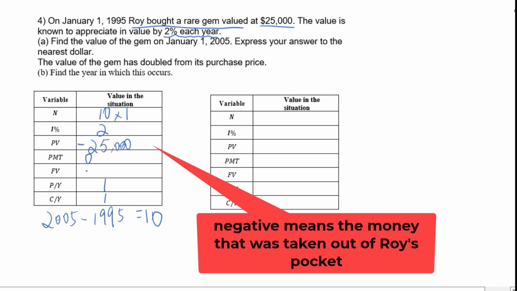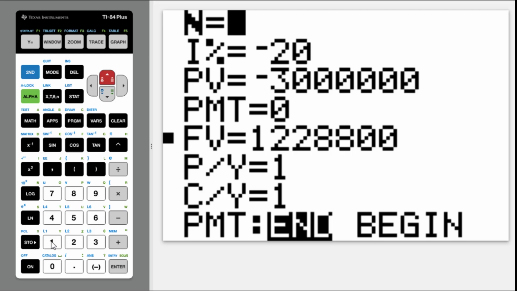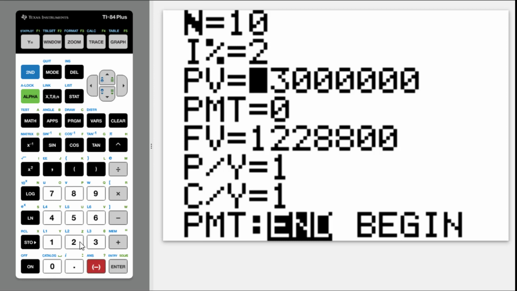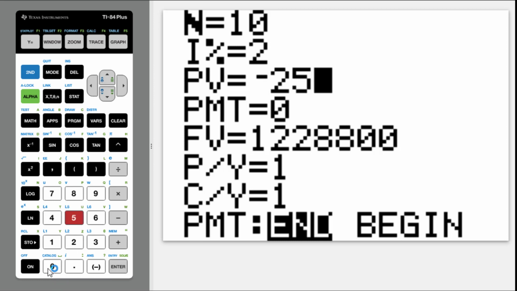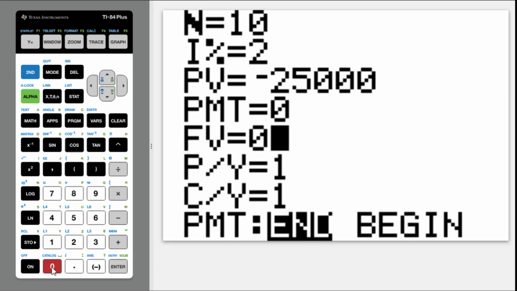PMT is 0. Future value is the value we are looking for, so we put the 0 first.